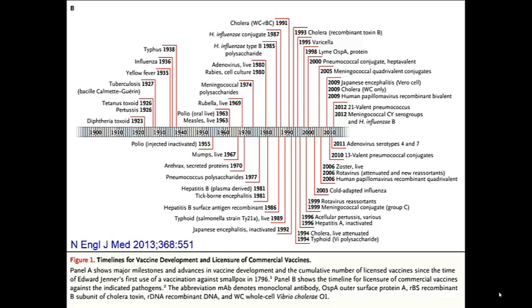So in his historical experiment, Jenner in 1796 took some fluid from the lesions of a dairymaid and inoculated it into a healthy 8-year-old boy. It produced in him some mild symptoms. Subsequently, when he was challenged with smallpox, he was fine. So Jenner hypothesized that the cowpox inoculation protected the boy from smallpox.